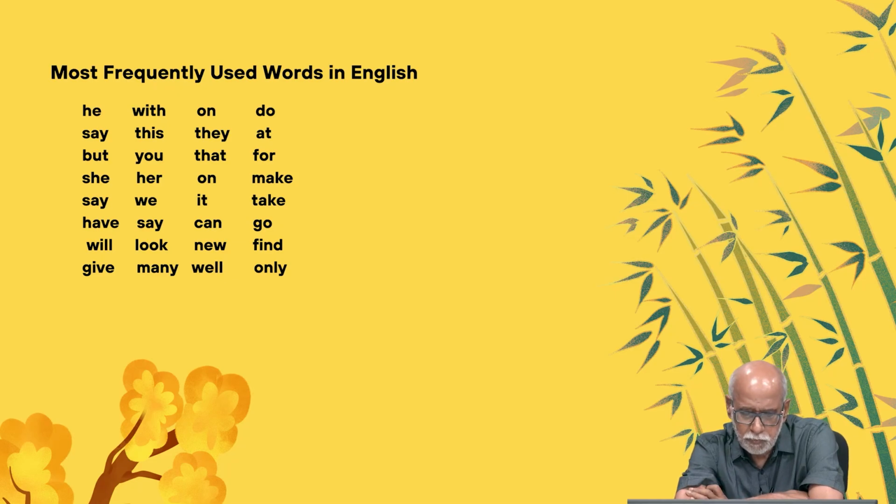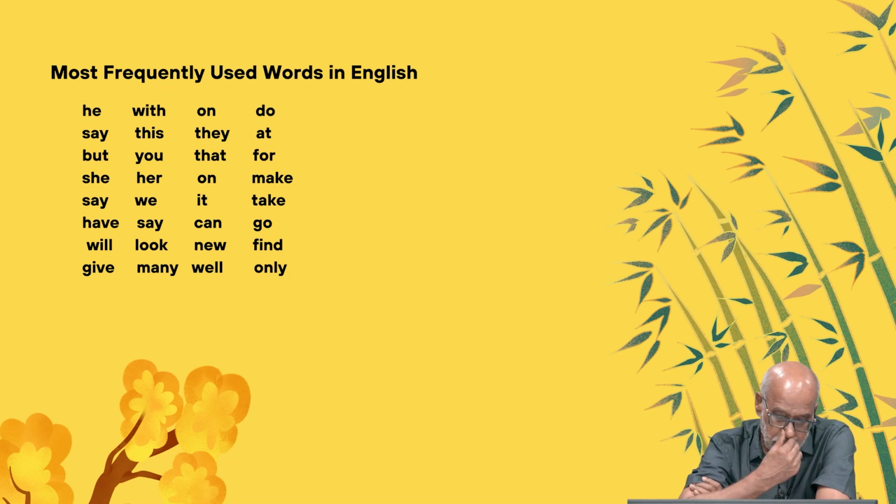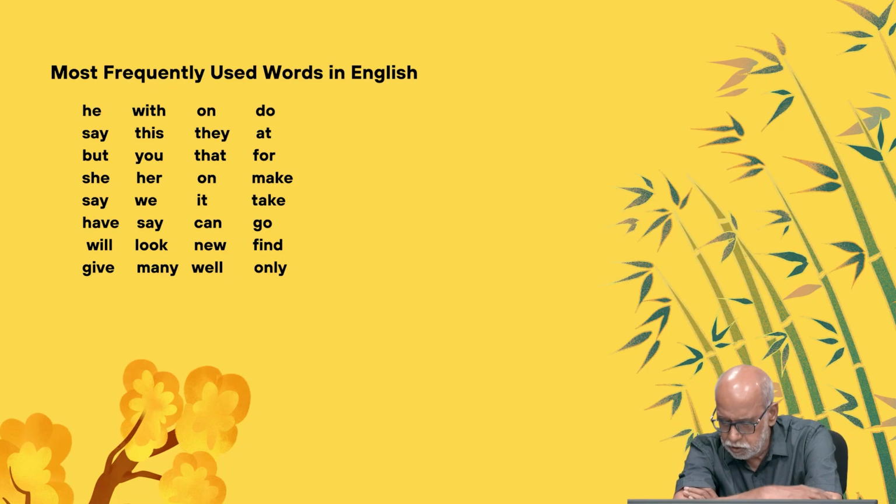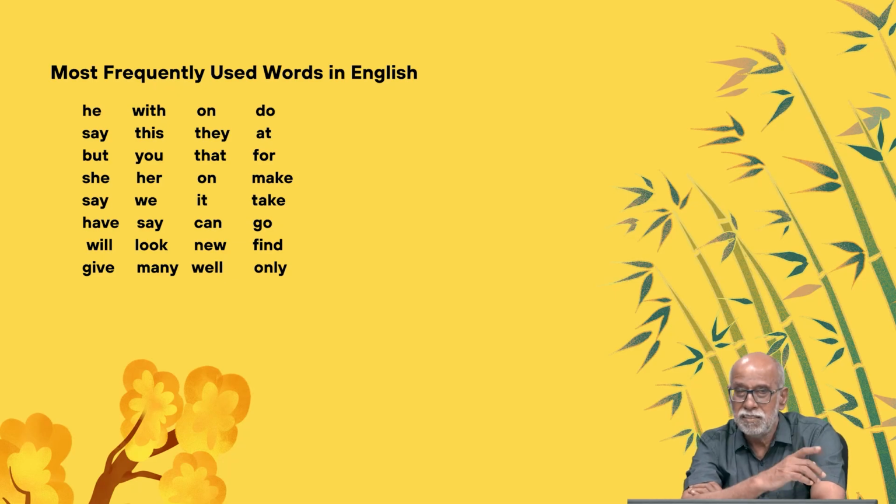Then there are verbs. Verbs like do, make, take, go, find, can, say, look, give. So, almost as many verbs as nouns and pronouns. Okay? And then you have some prepositions. Maybe these words account for about 90% of all words that you use. The remaining 10% is for adverbs, adjectives, etc.